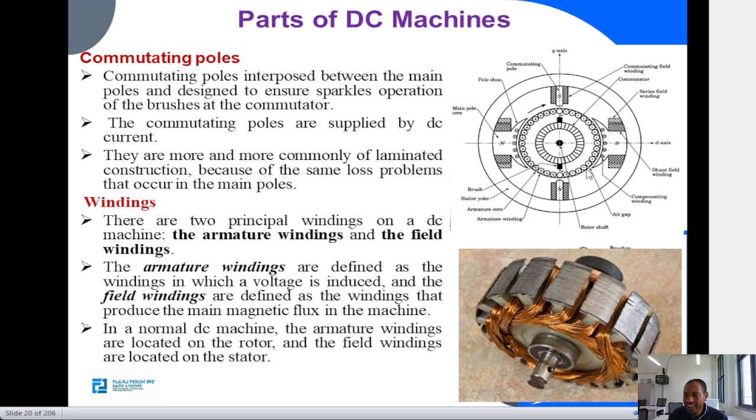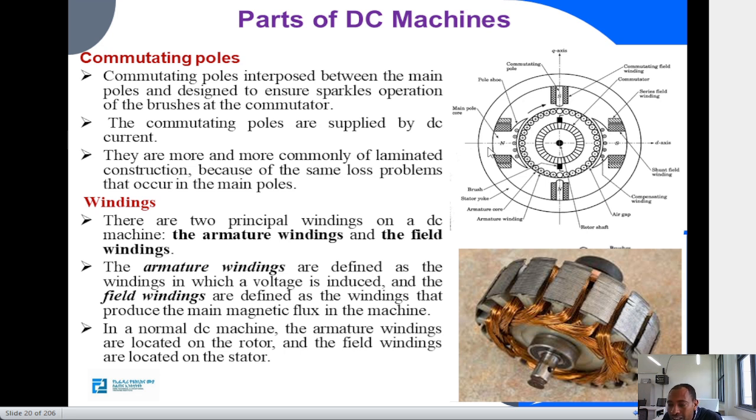And the armature winding exists on the rotating part, the rotor or the armature of the DC machine, and its purpose is to induce the voltage or the current inside the machine. So in a normal DC machine, the armature windings are placed on the rotary part and the field windings are placed on the main pole.